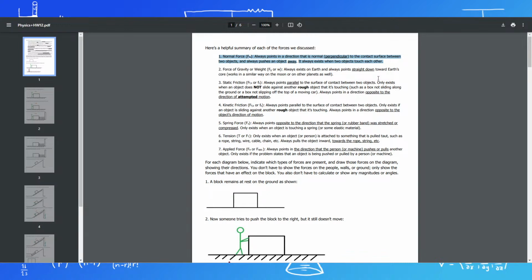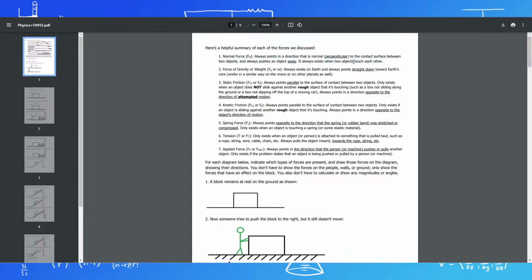The only thing that you need to do here is identify which forces are present and what are their directions. And that's it. Just get the diagram right. We will worry about the numbers in future exercises. So that'll be coming up, but first let's discuss all of these different types of forces.